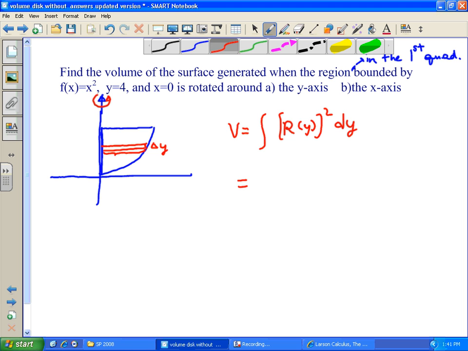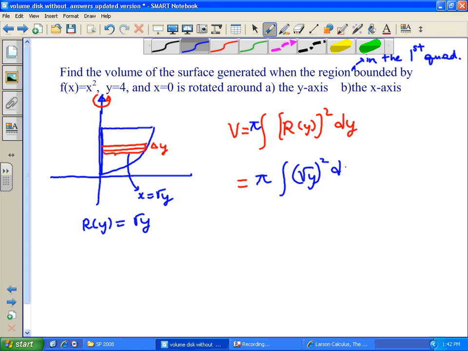And what is x equal to for this function? Since y equals x squared, what is x? Square root of y. So that means my R of y is going to be the square root of y. I should also have a pi in the previous formula. Okay, so we have pi times the integral of root y squared. And how about the limits of integration?